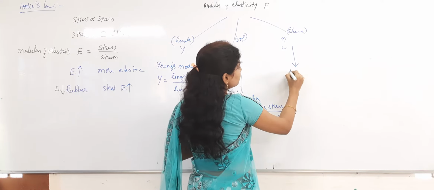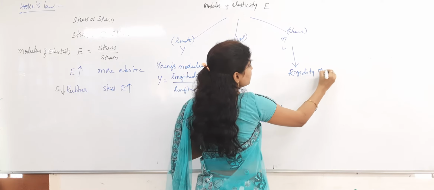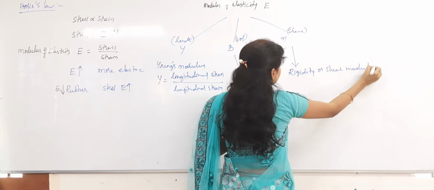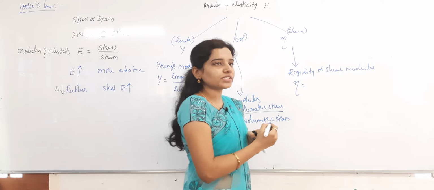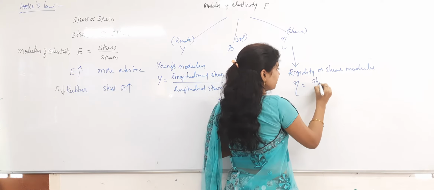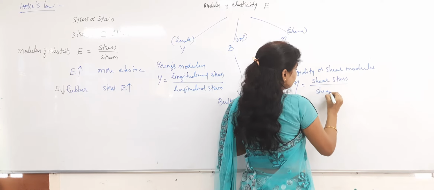Nothing but we call it as rigidity modulus, rigidity or shear modulus. So that is eta is equals to what we can get? Tangential stress by tangential strain or shear stress by shear strain we can write. Shear stress divided by shear strain.